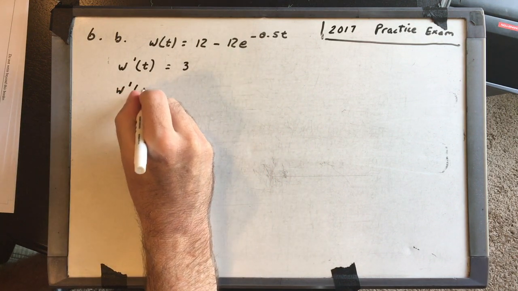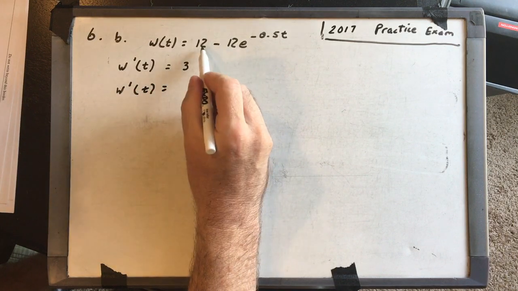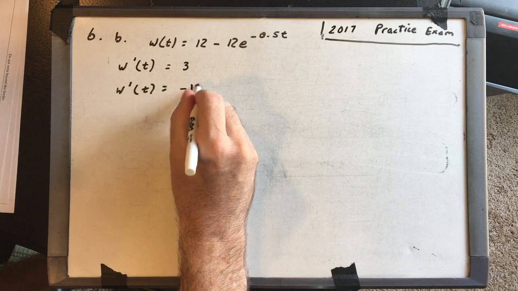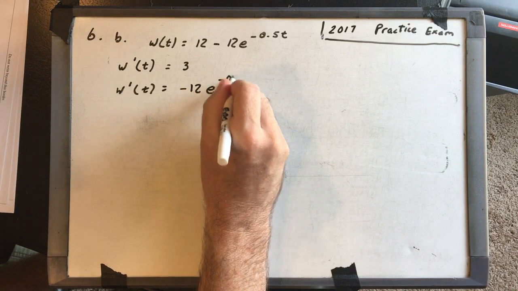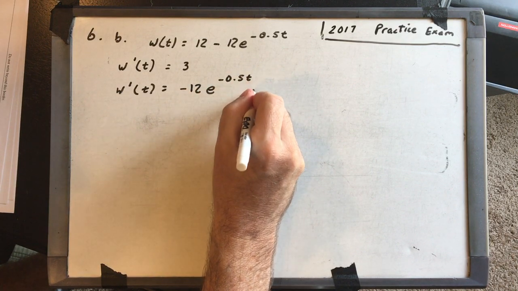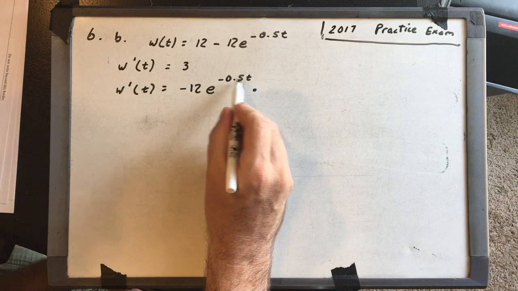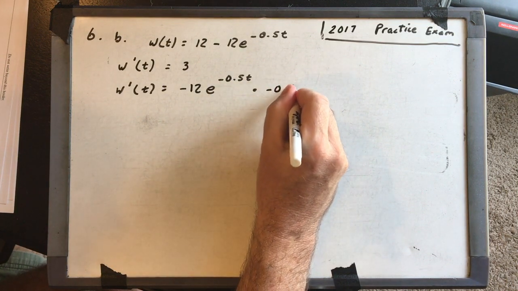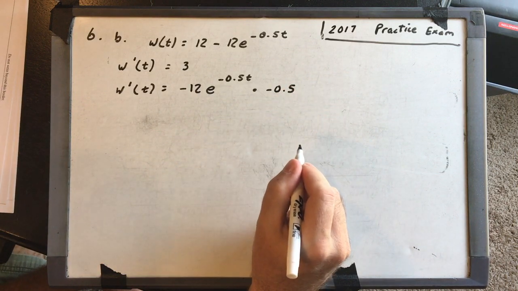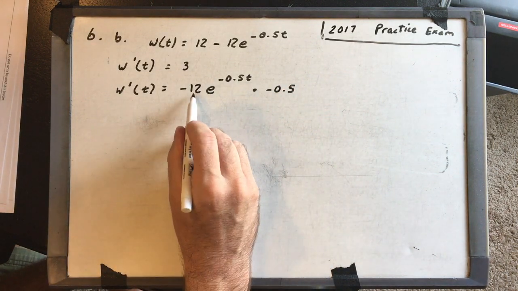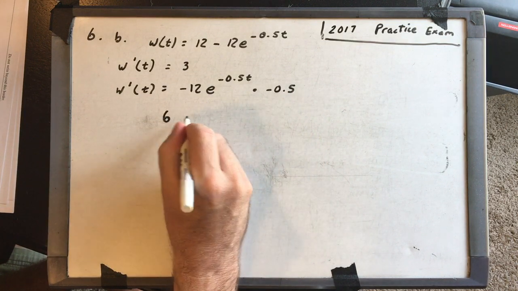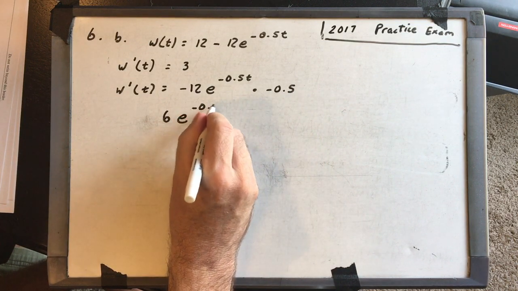We can get W prime of t. The derivative of 12 is 0. So that's going to be minus 12e to the minus 0.5t times the derivative of the exponent, negative 0.5t, so times negative 0.5. That equals negative 12 times negative 0.5, which is positive 6e to the minus 0.5t.